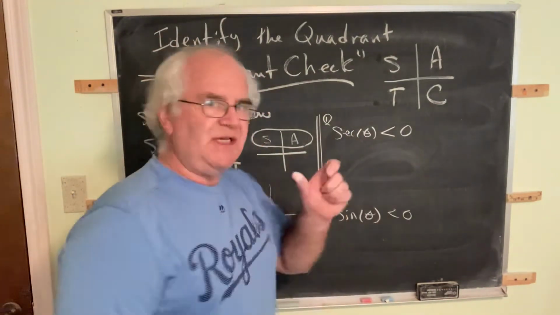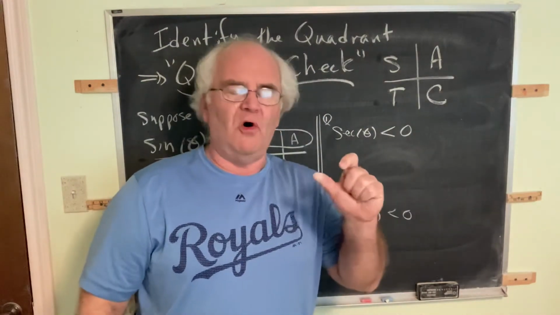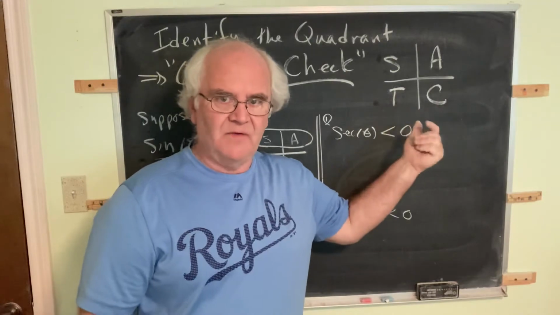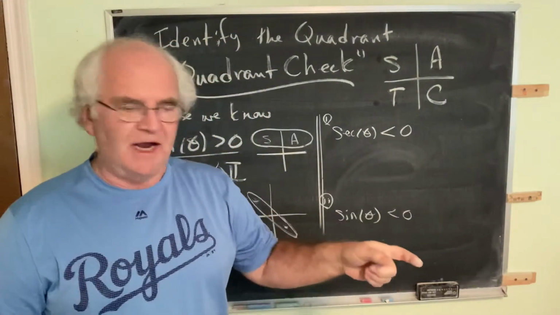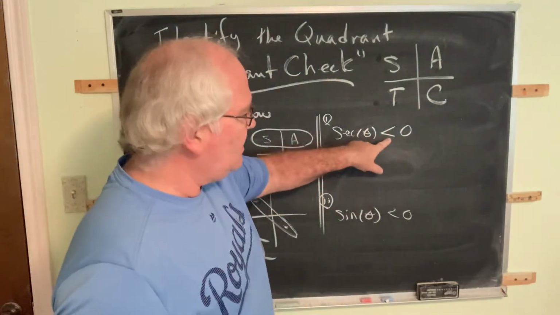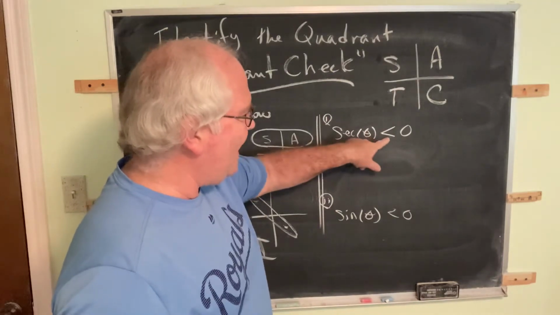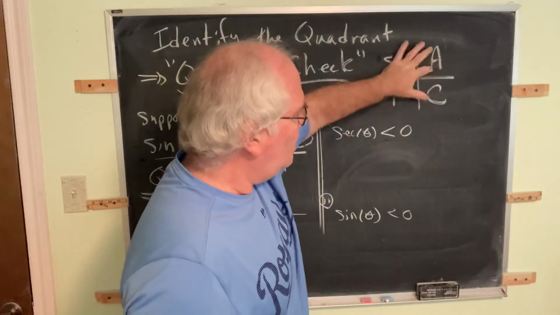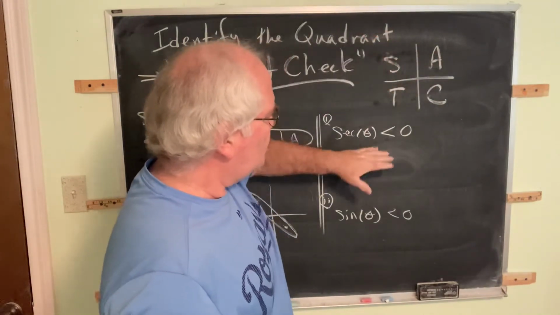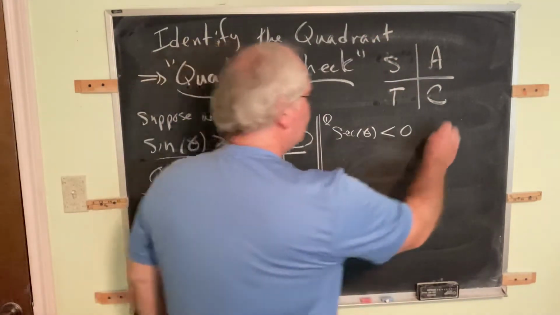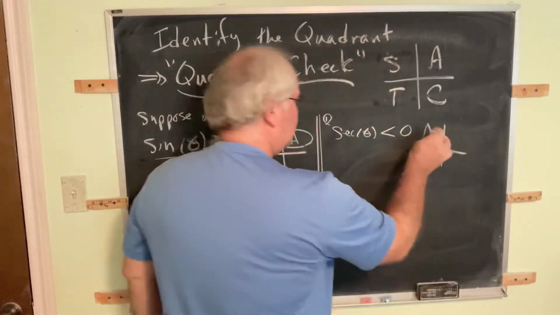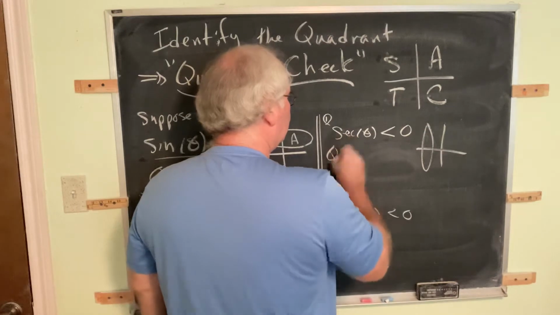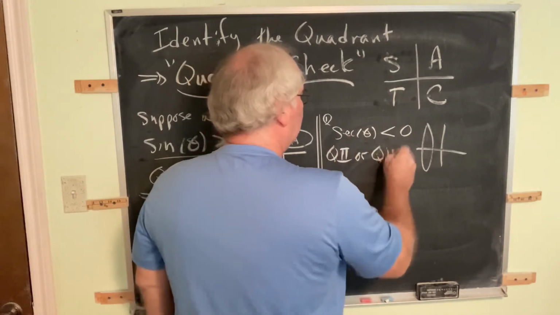Secant always obeys the same rules as cosine in terms of positive and negative. We want secant less than 0, which means negative. Cosine, and hence secant, is positive here, therefore it's negative here. So from this information, we're in quadrant 2 or quadrant 3.